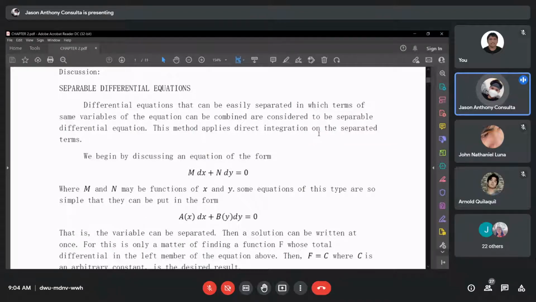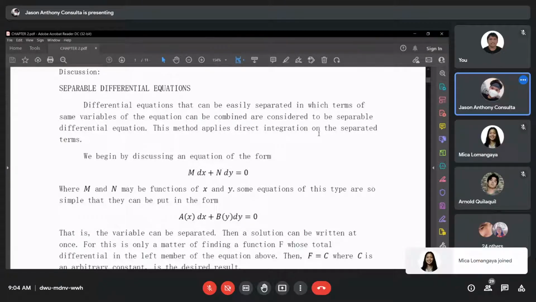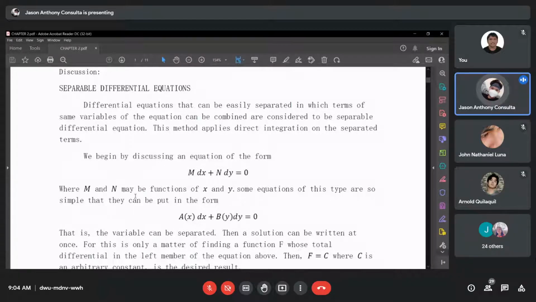So we begin by discussing an equation of the form, the same sa form na dinidiscuss natin when we find general and particular solution of differential equation, which is the form M dx plus N dy is equal to 0, where M and N may be functions of x and y.